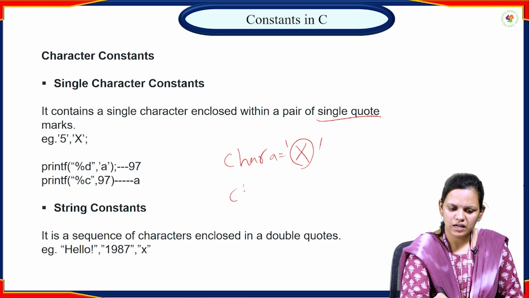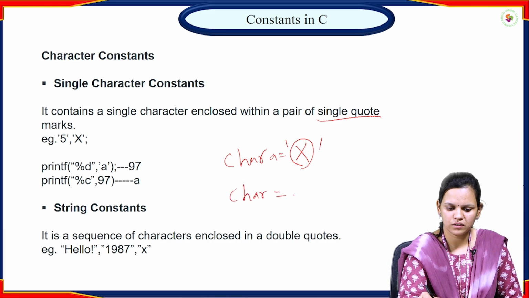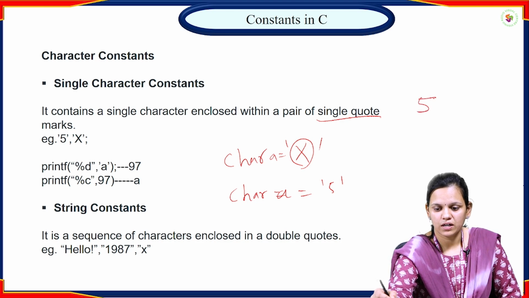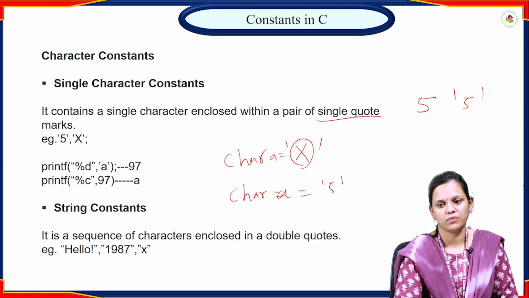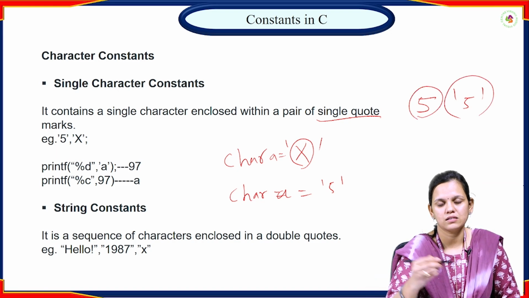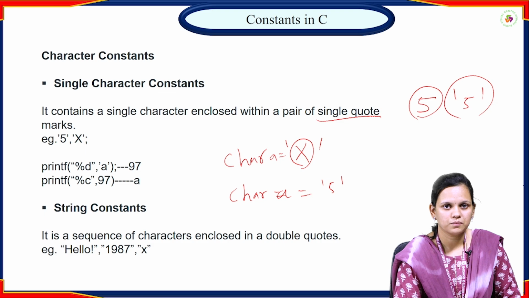A digit can also be a character constant if you give it within single quotes. Now this 5 is different from this 5 in C programming. This is considered an integer data type and this is considered a character data type.